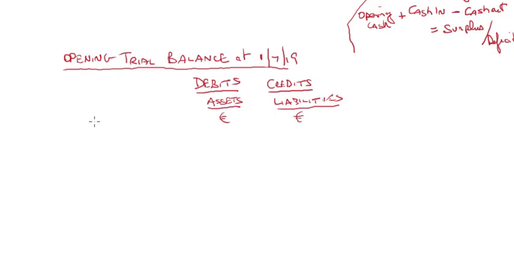So let's put in the figures that we have, if we can remember them, from the balance sheet at the end of the first year. Well, I suppose we had some equipment. In the balance sheet last year, the equipment was purchased for 20,000, that was the cost of the equipment.